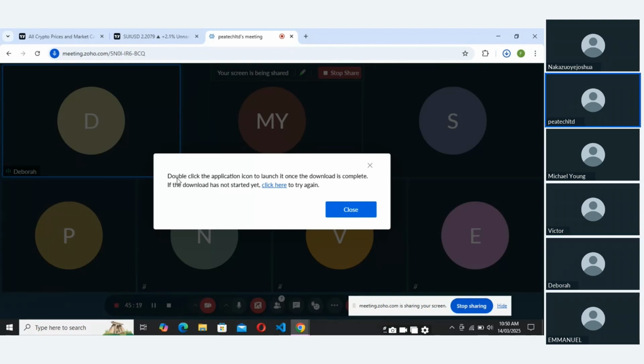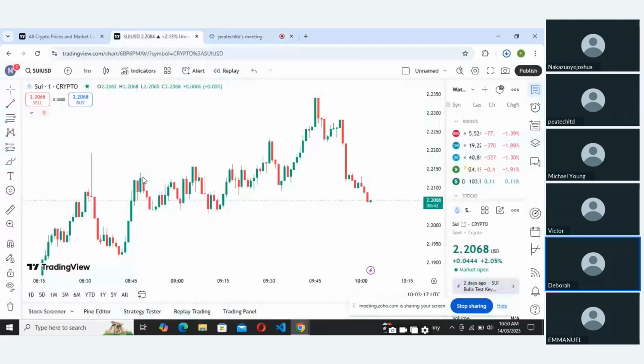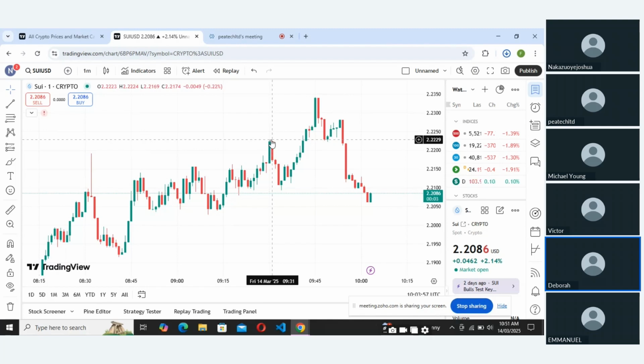Okay, don't worry, leave it, close it. Don't bother. Okay, I thought I was using my cursor to show the higher highs and higher lows.